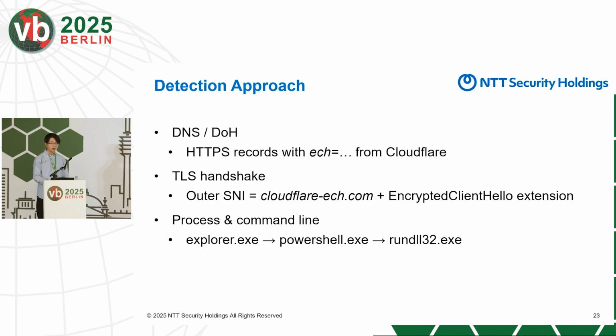Third, the endpoint. We watch for a short process chain, Explorer, PowerShell, rundll32, which loads a random DLL from a temp directory. When these 3 signs appear in a short time window, it is very likely to be infected with ECHidna. The next slide will look at each layer in detail.